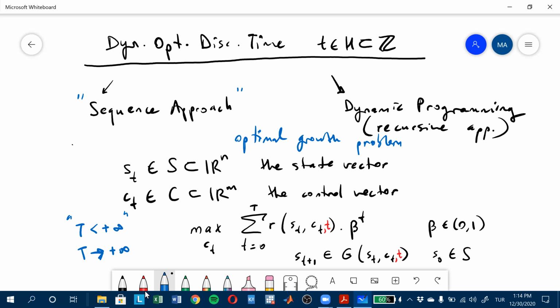Remember the Ramsey model? In continuous time, you know how this works. Now in discrete time, we're going to see a particularly simple version of it, and we use a sequence approach first to attack the problem.